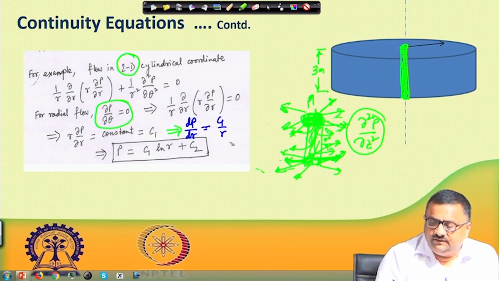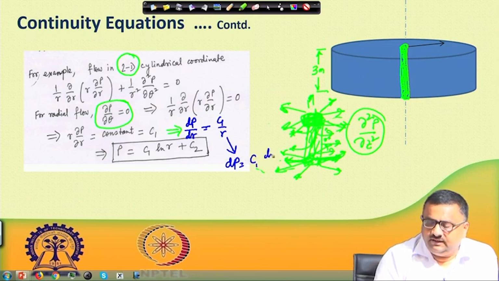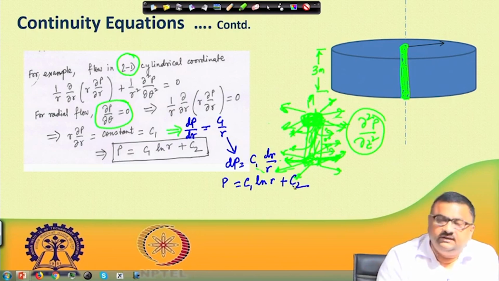So, that means when you do this integration, dp is equal to C 1 dr by r. Then when you integrate again, the integration of dp would be equal to p, that is C 1 dr by r, which equals C 1 ln r, plus a constant of integration, and that constant of integration is written as C 2.